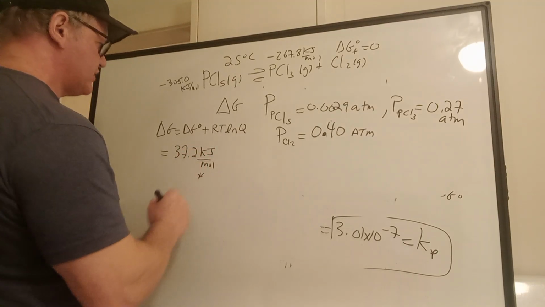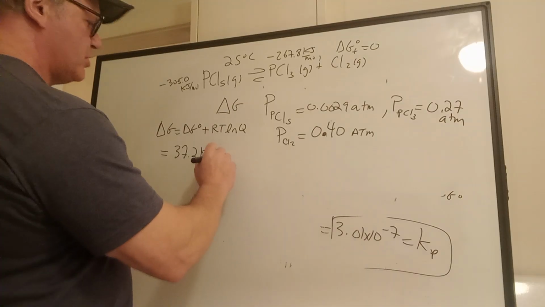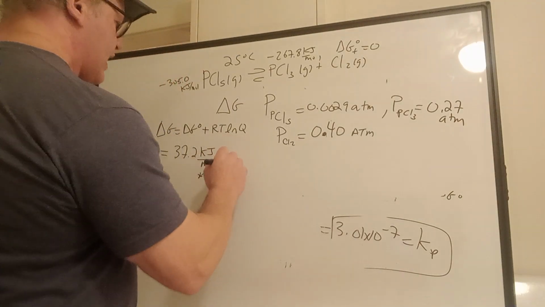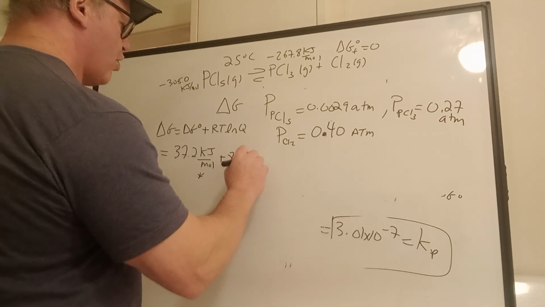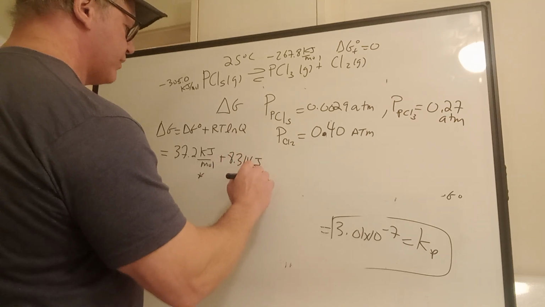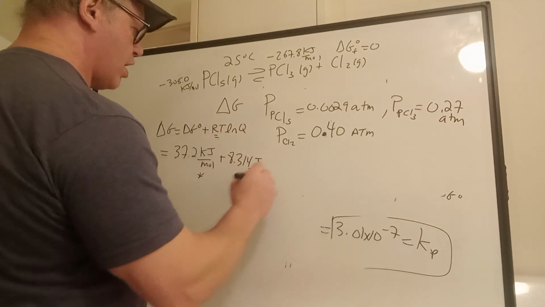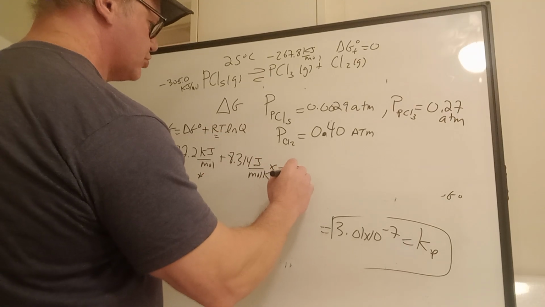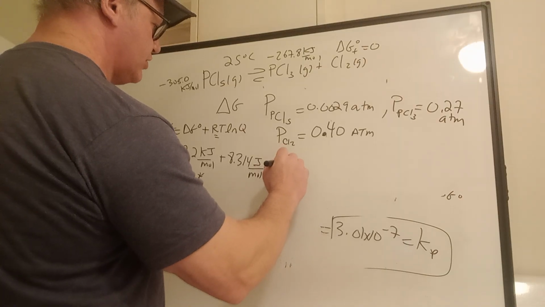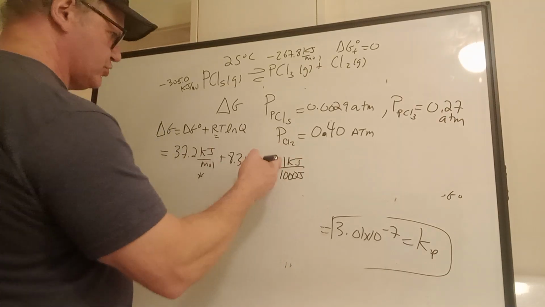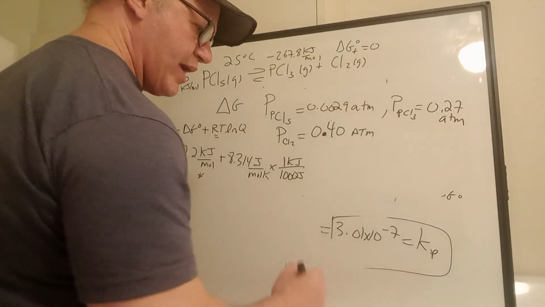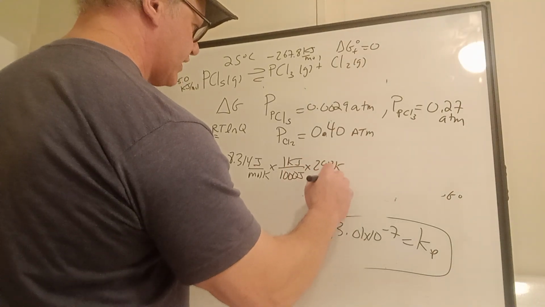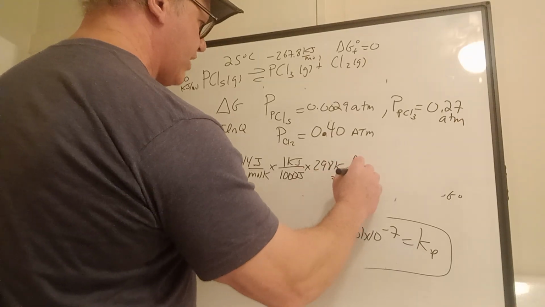They want the answer in kilojoules per mole, so we'll convert the R. We've got 8.314 joules per mole Kelvin for R. Let's convert that. There's 1,000 joules, or 10 to the 3 joules, per 1 kilojoule. Now we have kilojoules. And then we have temperature. Again, we have it in 298 Kelvin already. We have to have that in Kelvin. And then we have ln of Q.